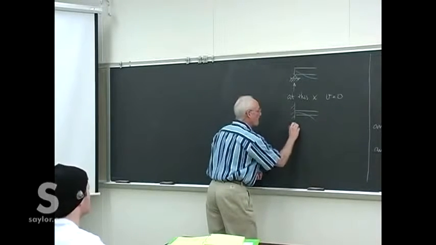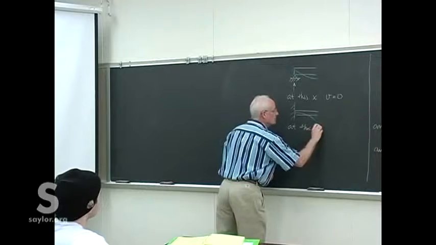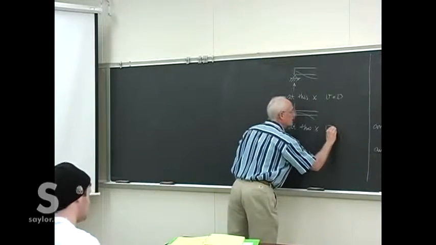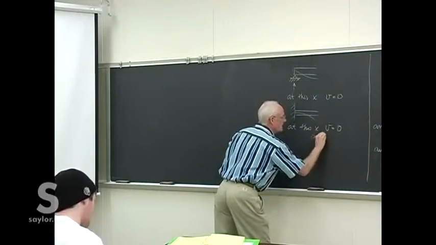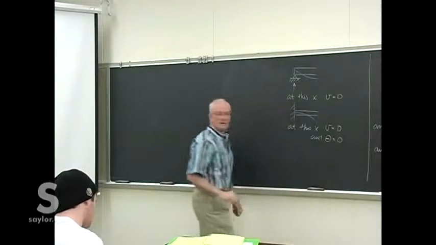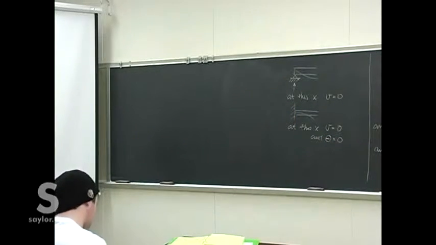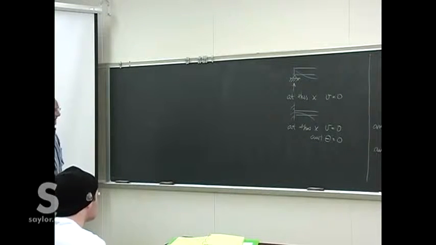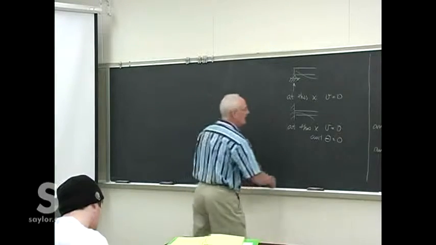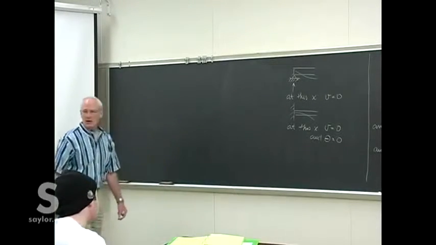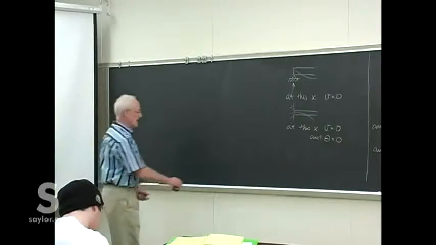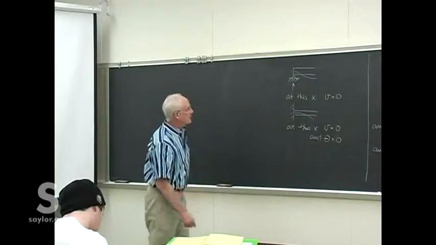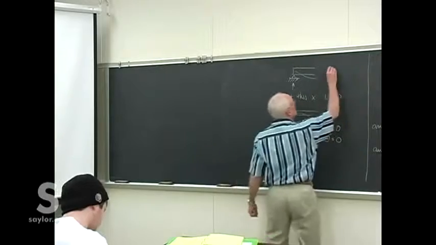But it's also true that the slope will be 0 right at the wall there. That's what cantilever supports do. That's one of the purposes of them, that there will actually not be any slope at that point. And we'll bring in other boundary conditions as we need. Those are just probably the two big ones.